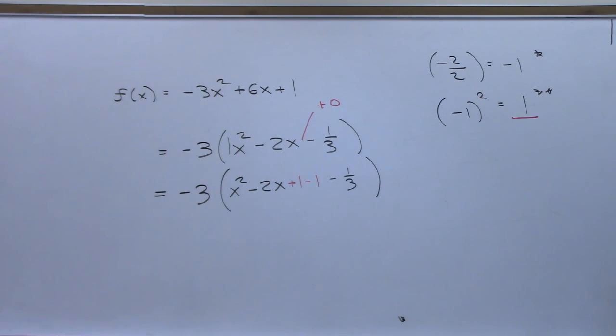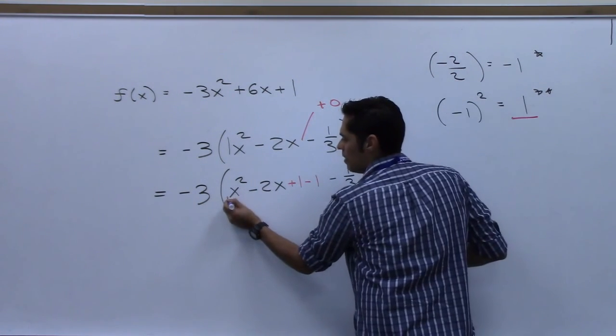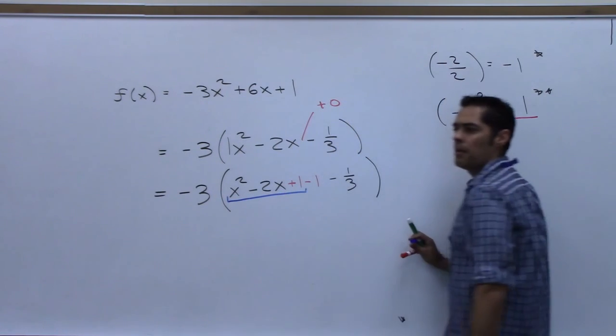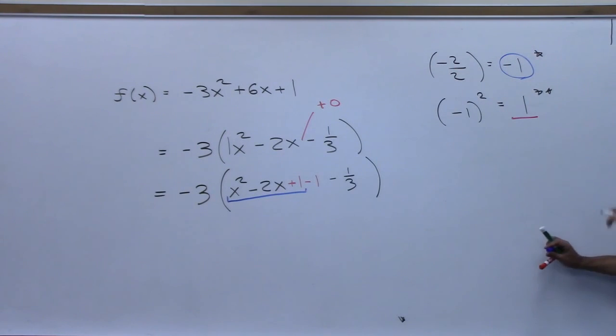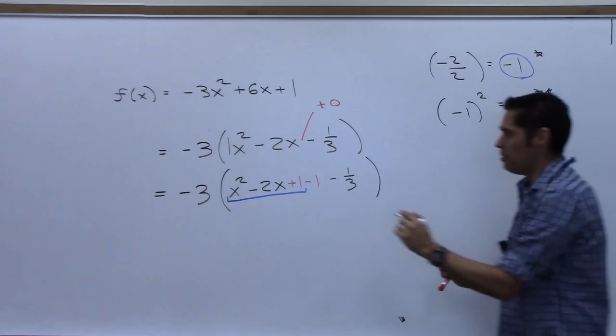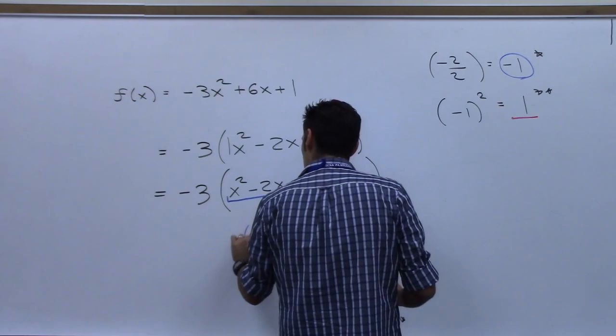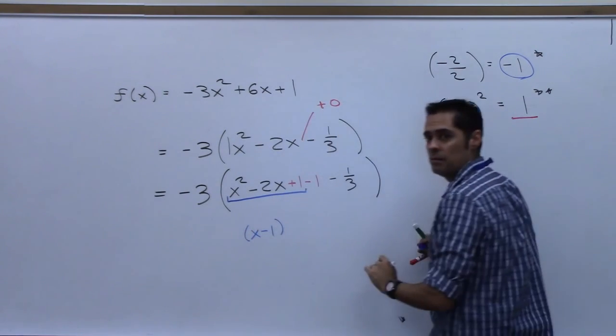Now, I had more markers, other colors. I'm guaranteed that the first 3 terms are going to be a perfect square trinomial, right? These 3 are going to be a perfect square trinomial. And this is the number that's going to dictate what's in that parentheses. So just this in blue is x minus 1, got it?